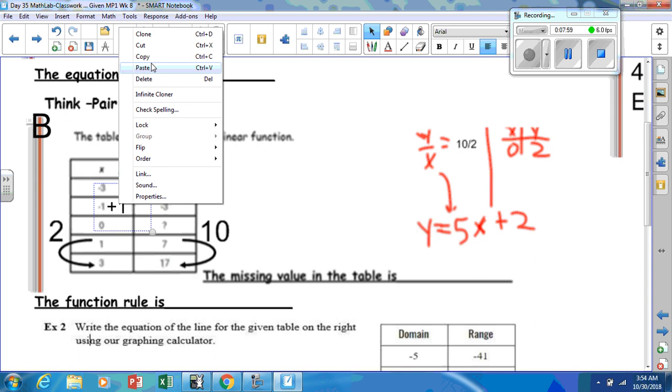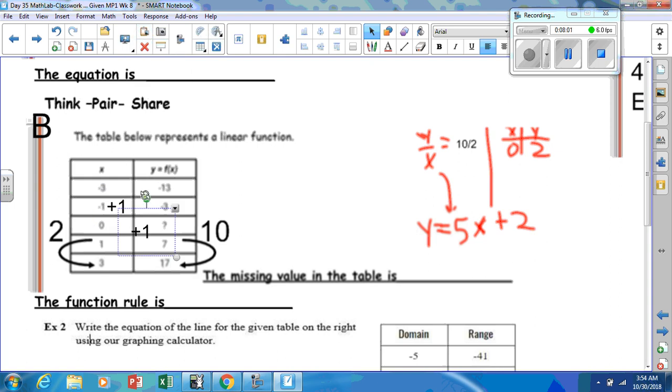Well, I'm glad you asked. It's positive 2. That would be my solution to that particular question. So the missing value is 2, and the equation of the line, or the function rule, is y equals 5x plus 1.